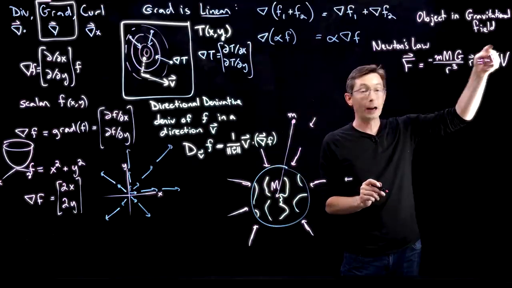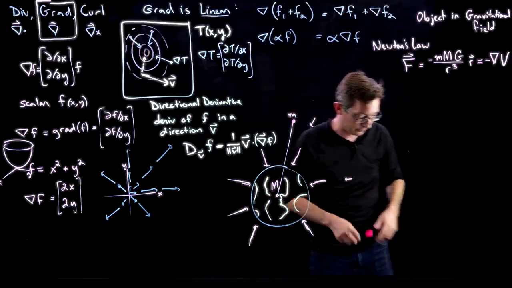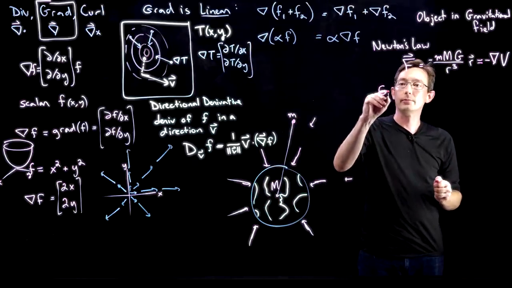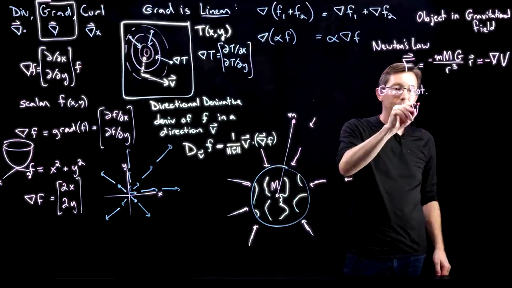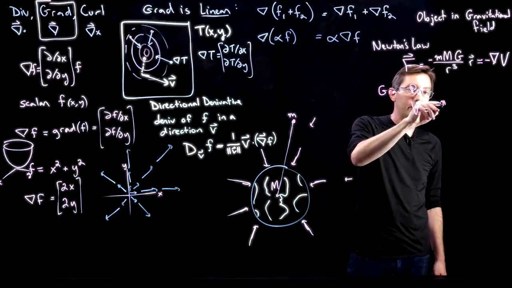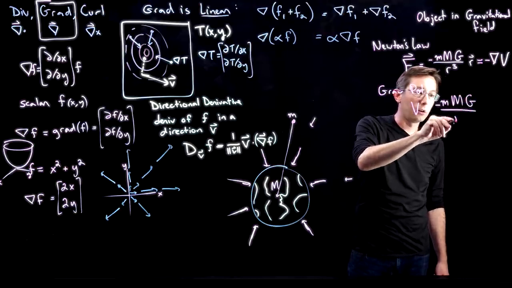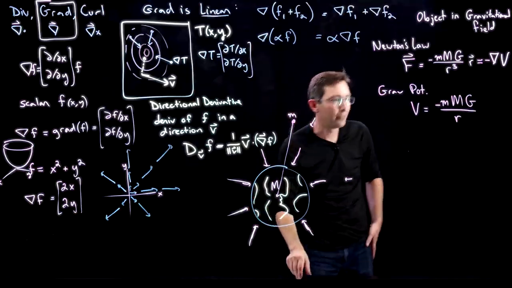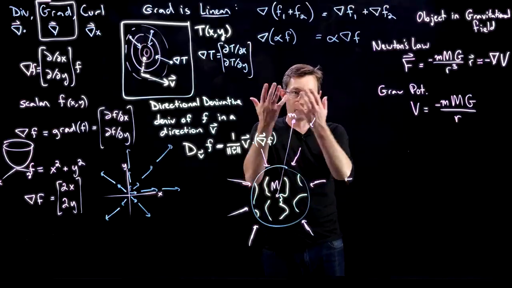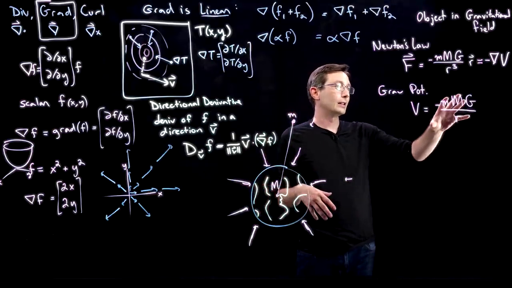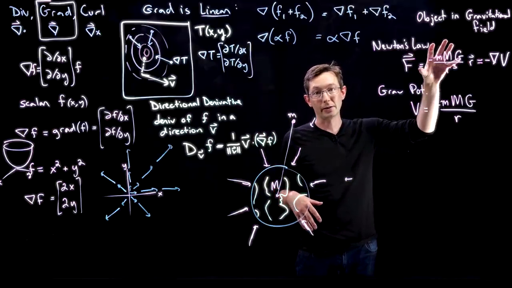And literally, the gradient of that potential is what gives rise to this force law here, where the gravitational potential V is equal to minus little m, big G over little r. That's it. Literally, the potential increases as you go farther away. And if you grad this object, you arrive at this force law vector field.